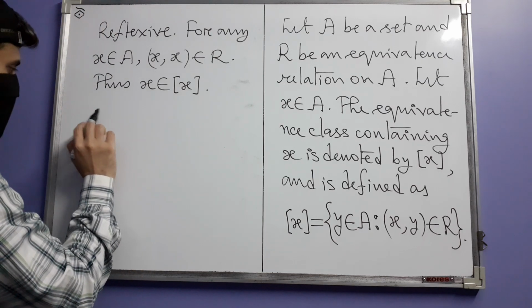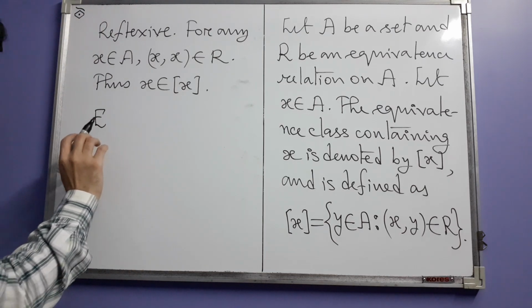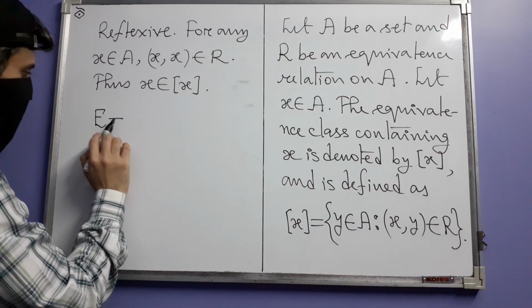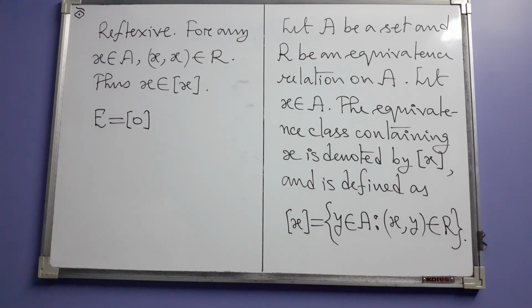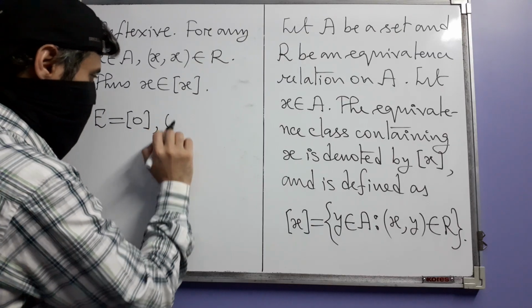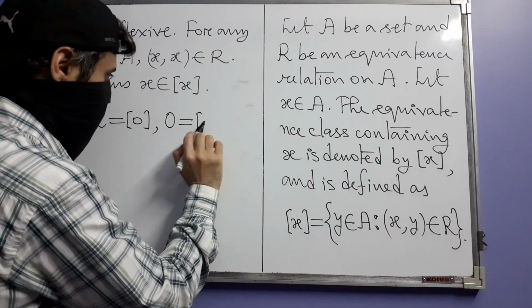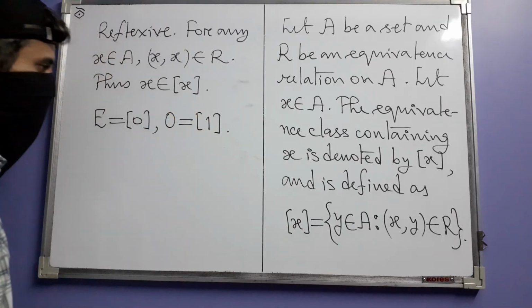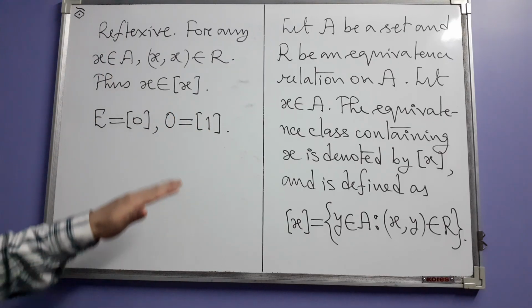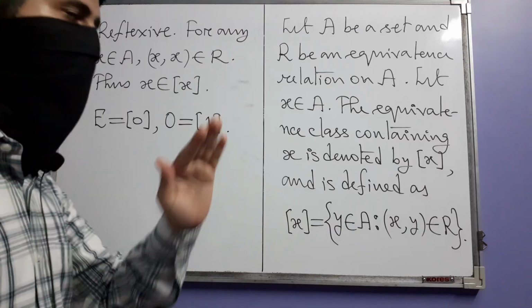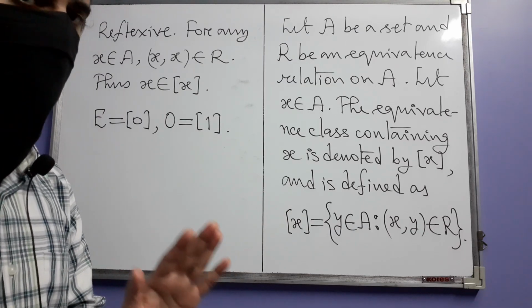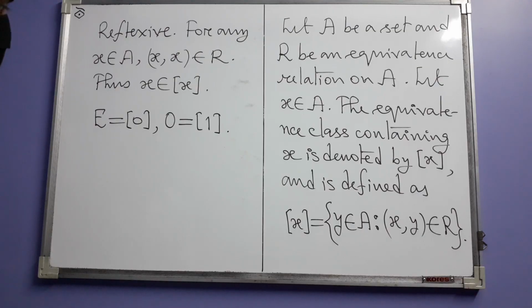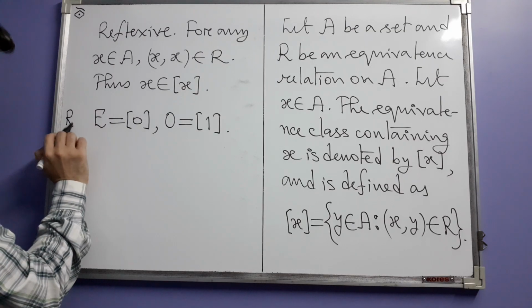The set E, I am talking about the relation R1, is in fact the equivalence class of the integer 0, and the set O is the equivalence class of the integer 1. It turns out that these two are the only equivalence classes. No other equivalence classes exist in this case. So this is for the relation R1.